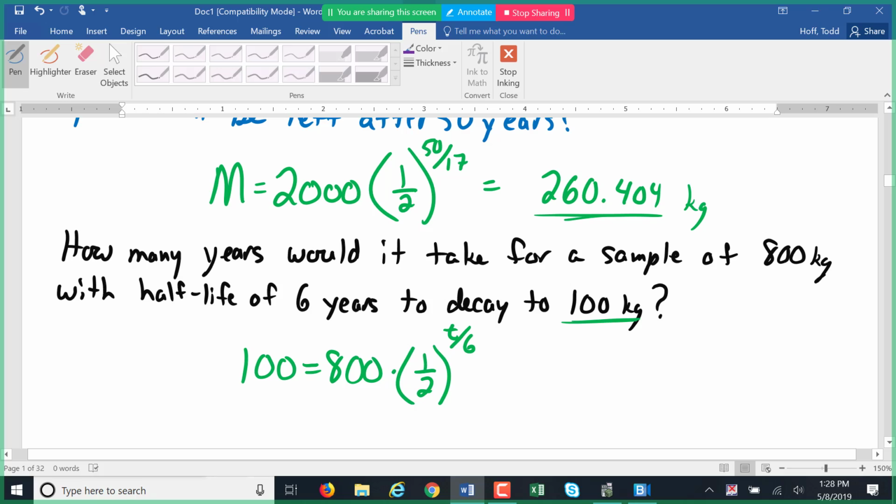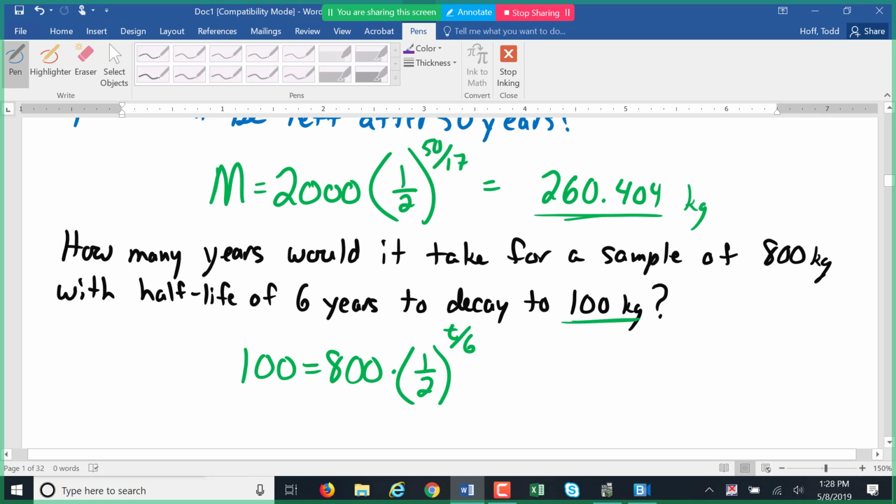Order of operations still applies here, and when we're solving these, we have to do that reverse order of operations. It was built using the order of operations. We take it apart going backwards, going in reverse. So here, 1/2 first would have been taken to the power of t over 6. Then it would have been multiplied by 800.